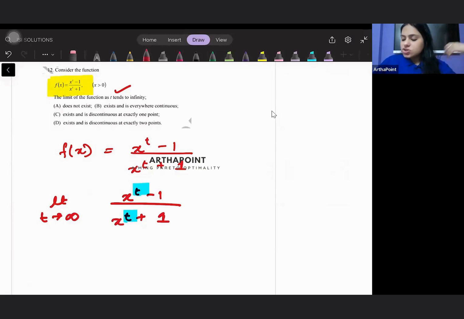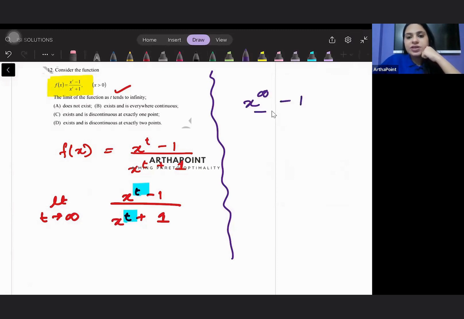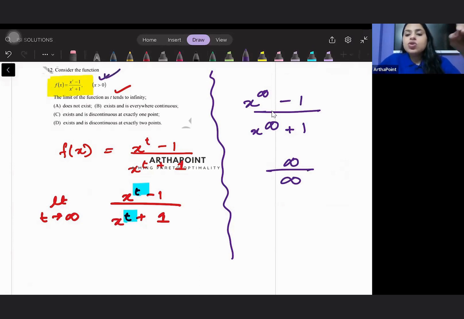Now, just try to understand that if I were to simply put infinity here and infinity here, then anything to the power infinity can be infinite depending on what x is. Here x is given to me as a positive number. So it will be of the form infinity by infinity. One of the cases can be this.